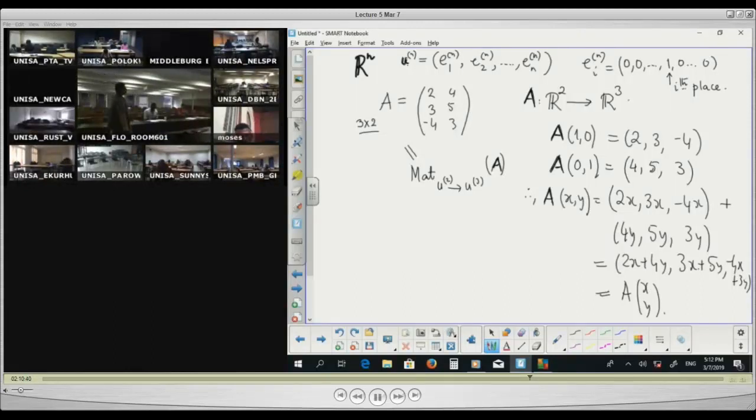So you see, given a matrix, you now know the general fact that every m cross n matrix corresponds to a linear transformation from Rn to Rm.